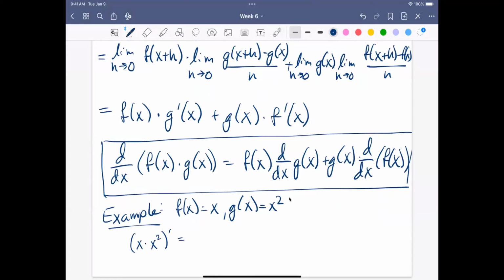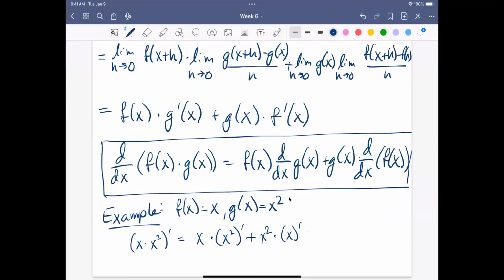You can think of it being split up like that. First I have my function f, so that's going to be just x, and then I take the derivative of x squared. And then I add my x squared times my derivative of x. So that's using product rule.